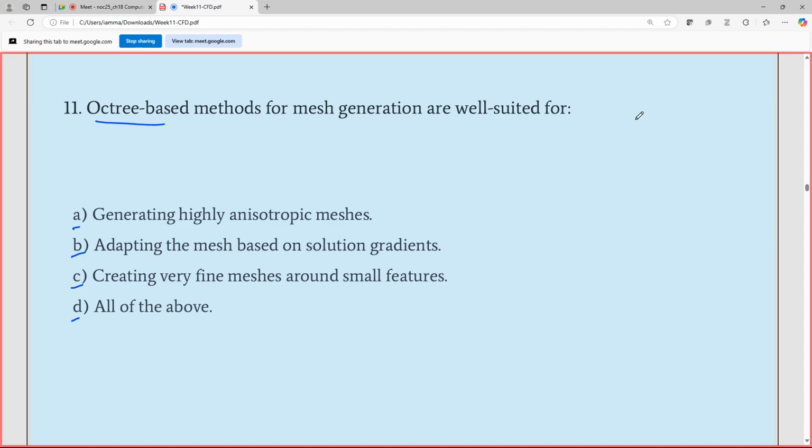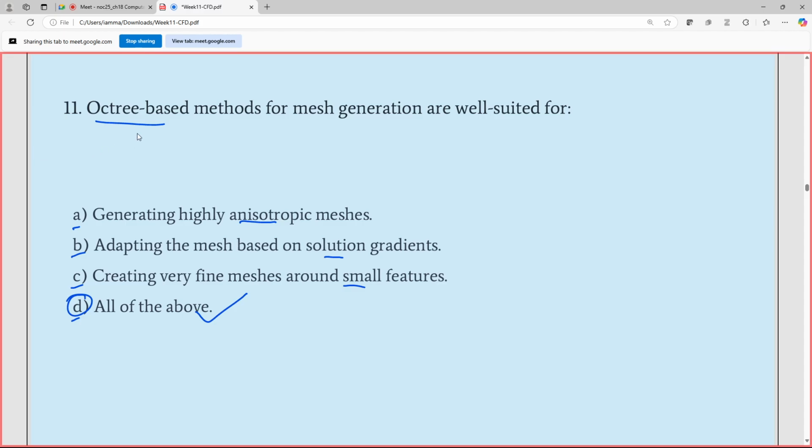The answer is option D, all of the above. That is, octree based methods for mesh generation can generate highly anisotropic meshes. It can adapt the mesh based on solution gradients and it can also create very fine meshes around small features.